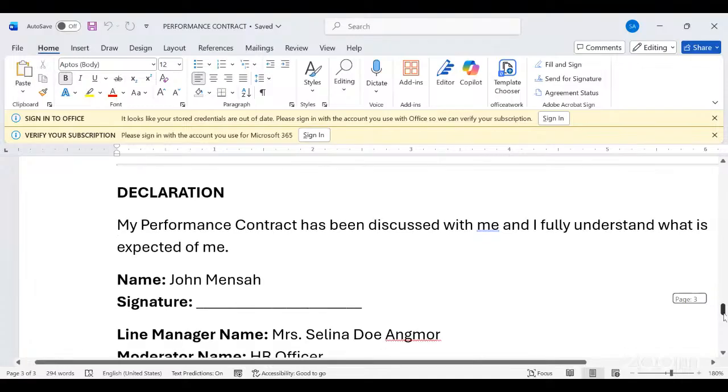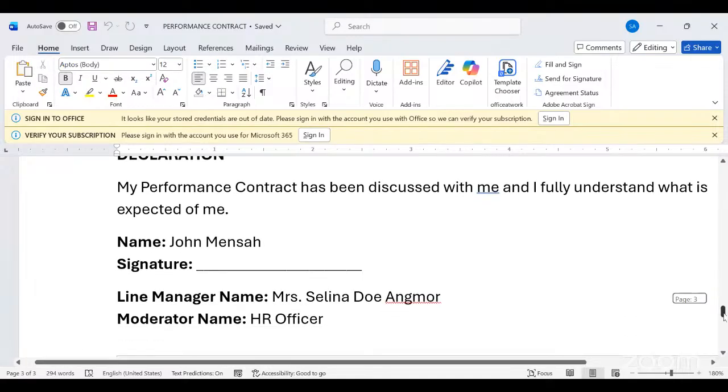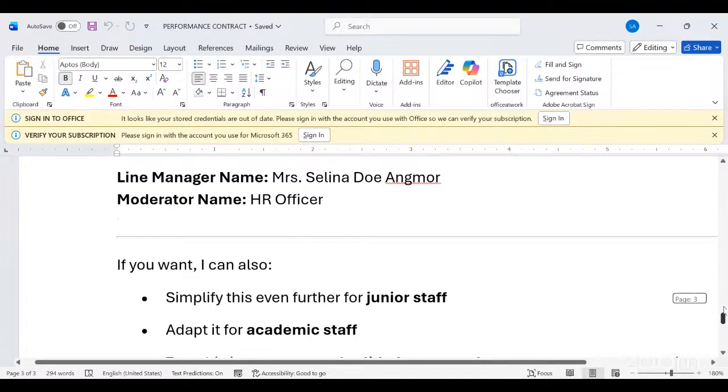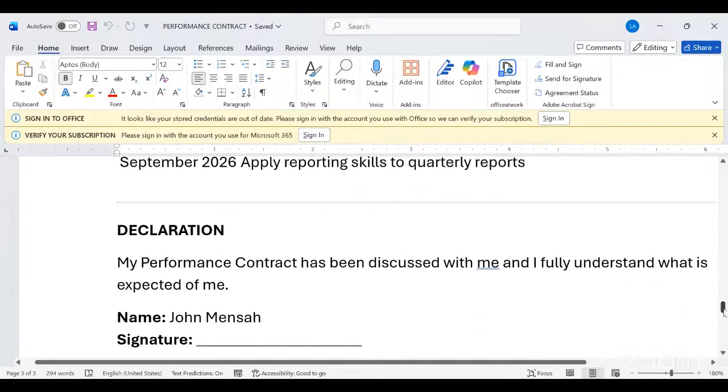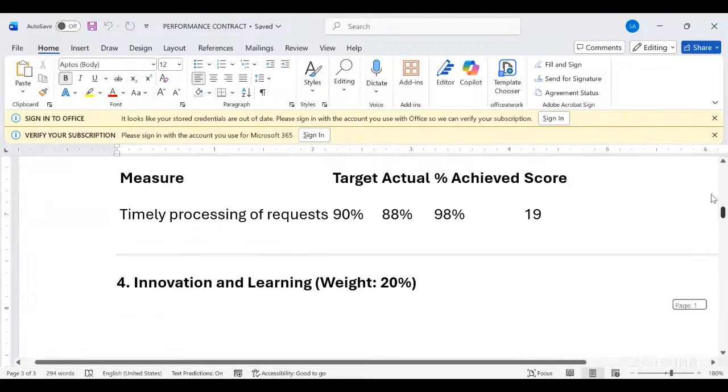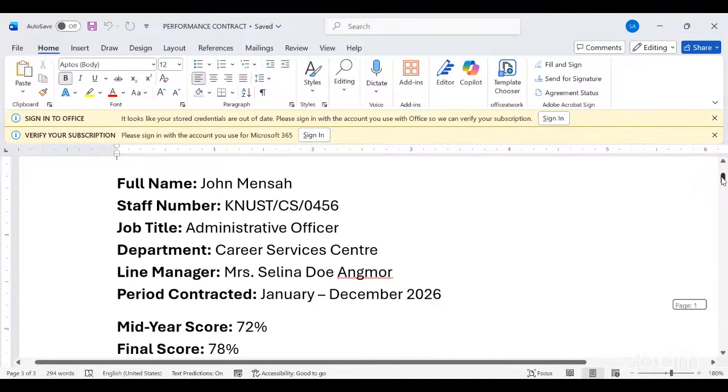Under that, you see the declaration where the employee will sign, and then the line manager would also sign. So this is a typical performance contract.